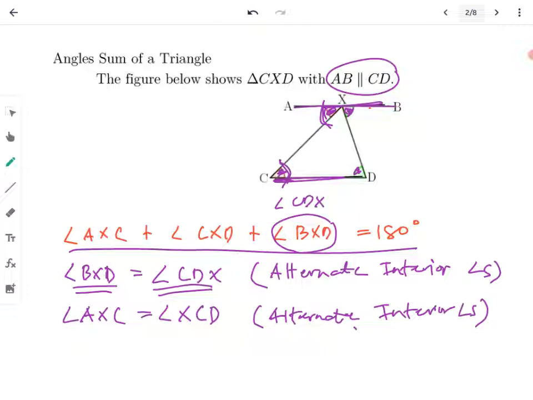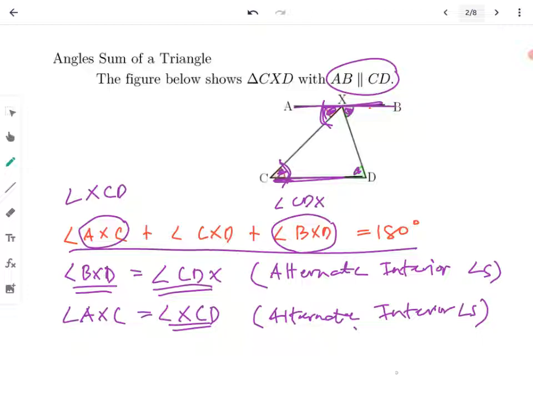The same goes for AXC, which we can replace with angle XCD.